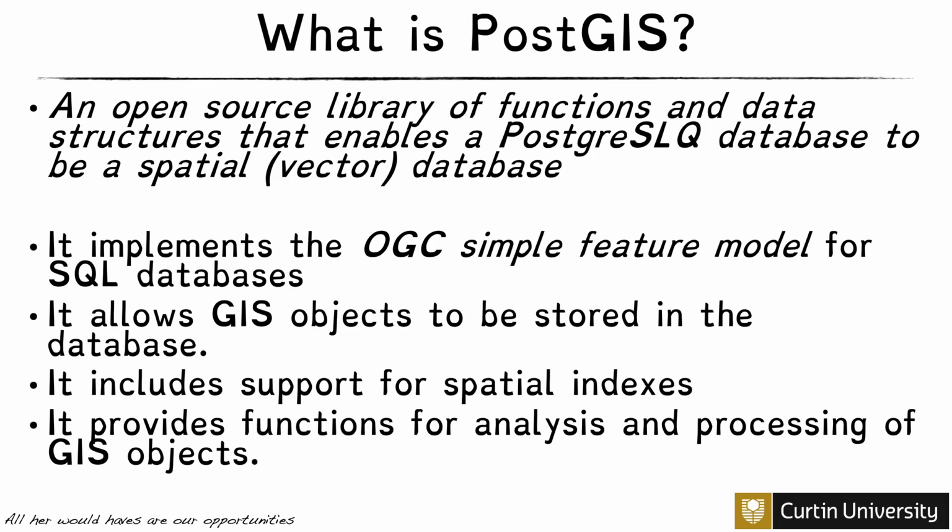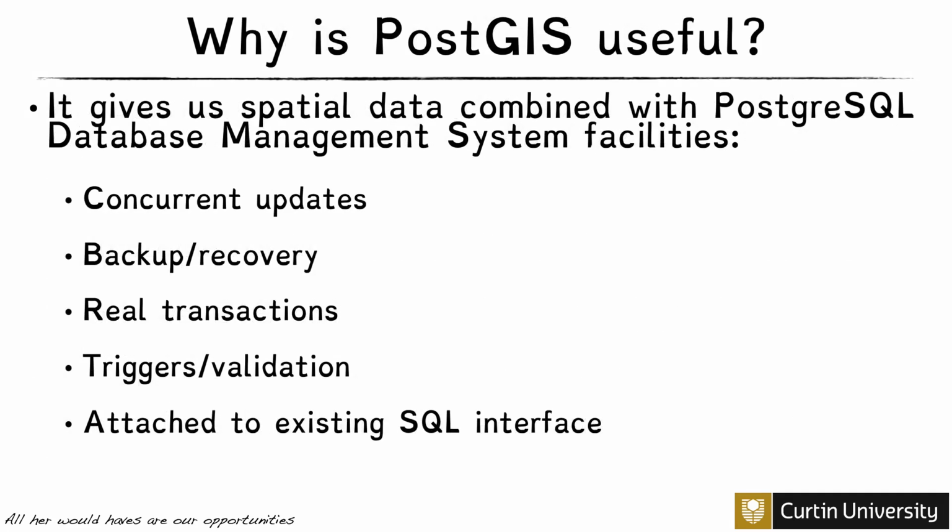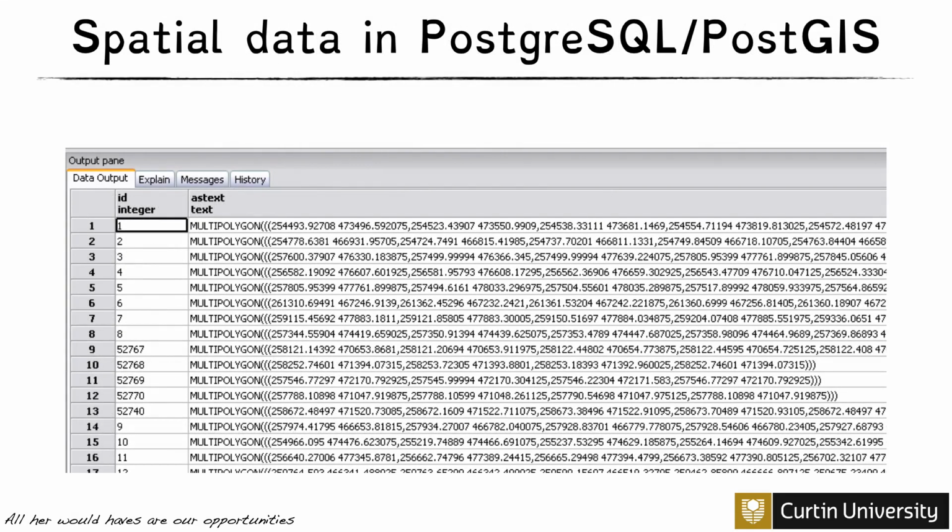Now, this is a worldwide consortium that actually sets and defines the standards for geospatial data. So, there are some more things as to why PostGIS is useful, and it's a great database and system. And here's an example of what some data might look like within the database.